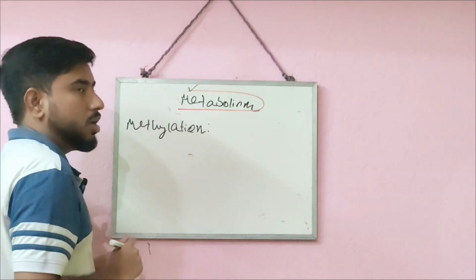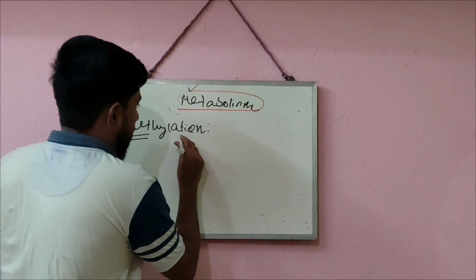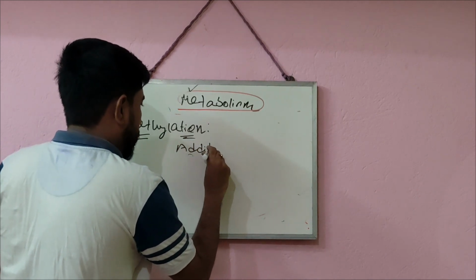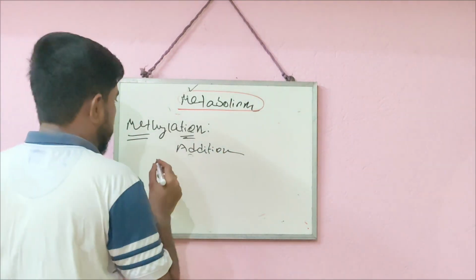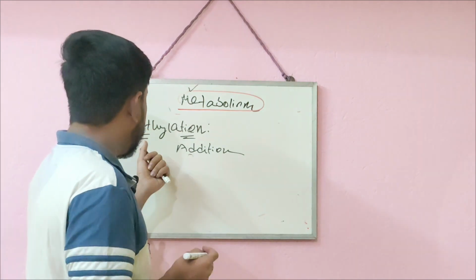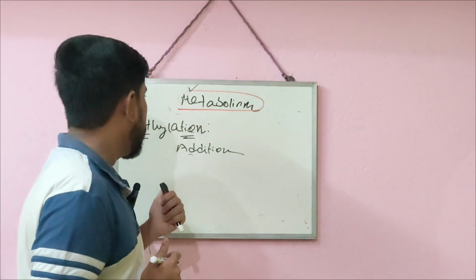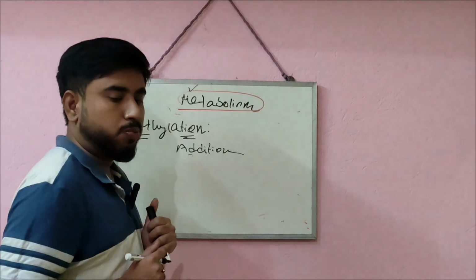By the name only, you can easily understand: methyl group, and ylation means addition. So the process in which a methyl group is added to the drug is called methylation. There are different drugs which pass through metabolism by the methylation process.